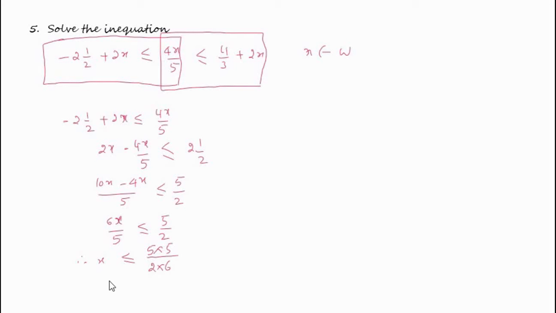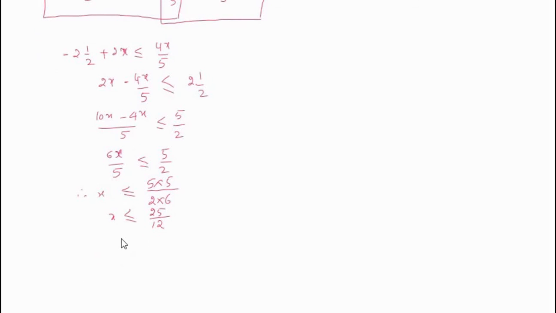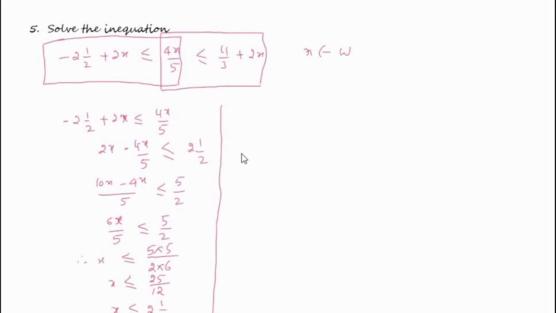So this becomes x less than or equal to 25 divided by 12, so that is x less than or equal to 2 1 by 12. So this is the solution for the first linear inequation. We have split the problem into two linear inequations. Let us take the second linear inequation.